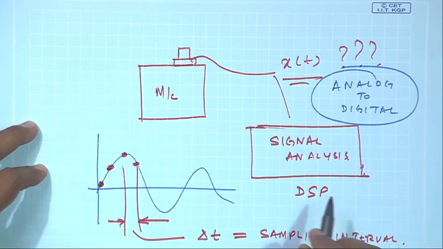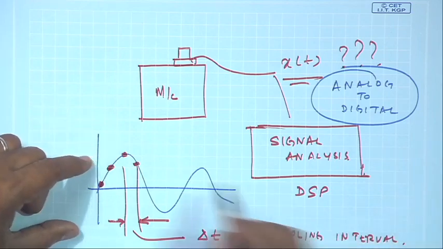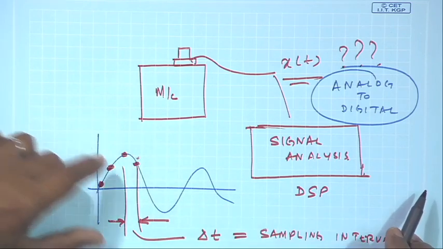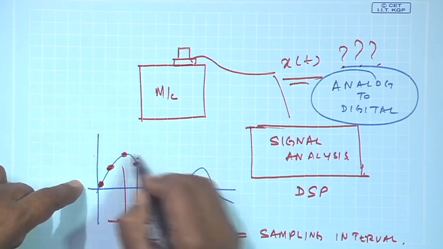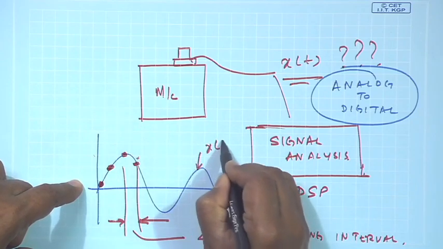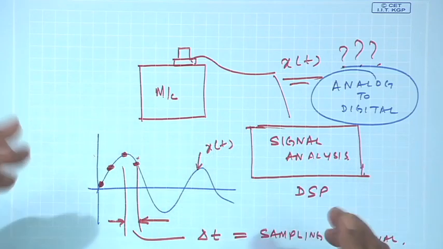A hardware device does this. It will give you a corresponding digital value for this discretized signal x(t). And that is this hardware which we are going to talk about.